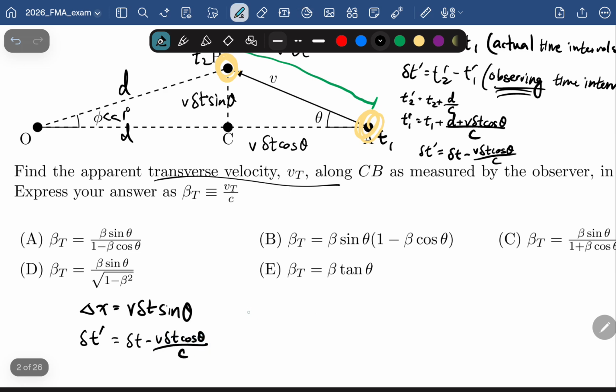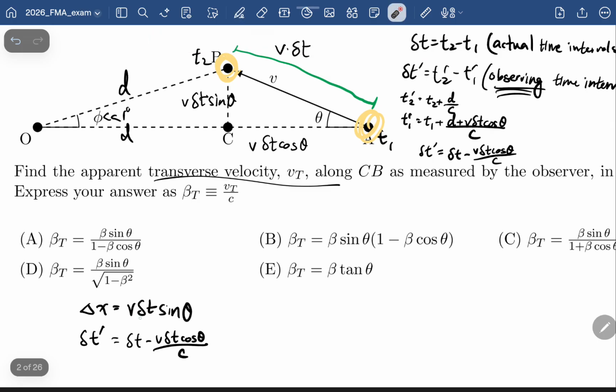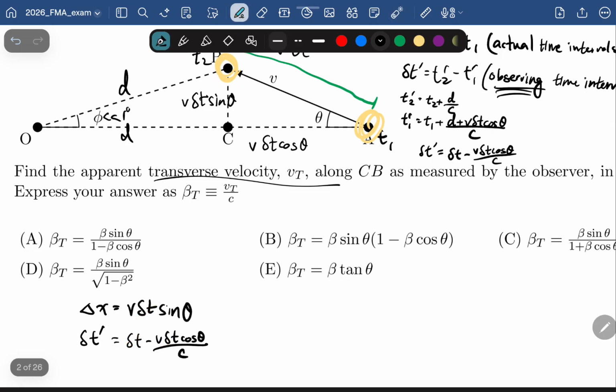If we divide these, we can get our answer. It's nice because some of this cancels. When we divide, we're left with c v sine theta on top. The bottom is c minus v cosine theta.